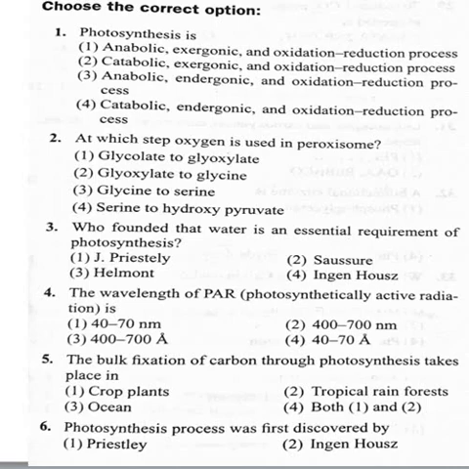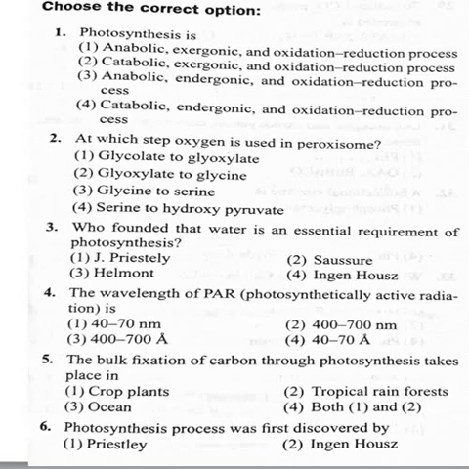Here in case of peroxisomes, the glycolate is converted to glyoxylate in which oxygen is utilized. So correct answer is, when glycolate is converted to glyoxylate, oxygen is used in photorespiration, which takes place in the cell organelle peroxisomes.